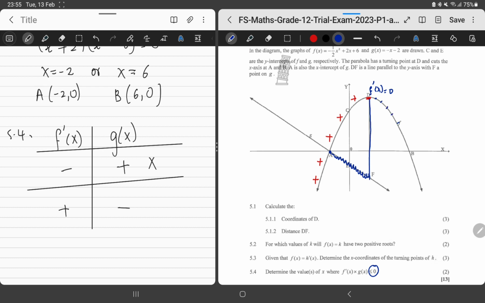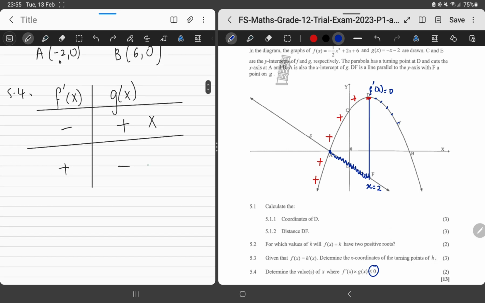So my solution should end there at x equals 2. And then now I just need to find the coordinates of A. But I already know that the x-coordinate of A is minus 2. So it means that x should lie between x equals minus 2 and x equals 2. They said it should be less than or equal to 0. So I'm going to include that side, and then the gradient there is equal to 0. So I'm going to include also this side.